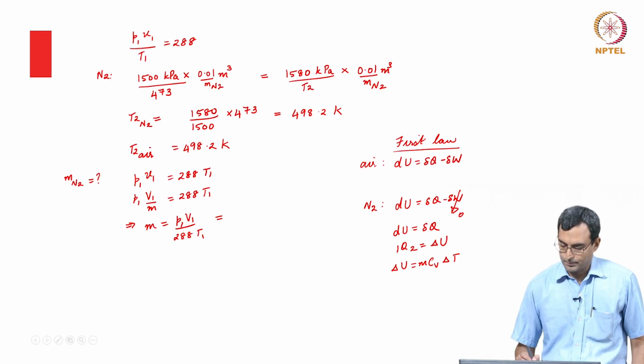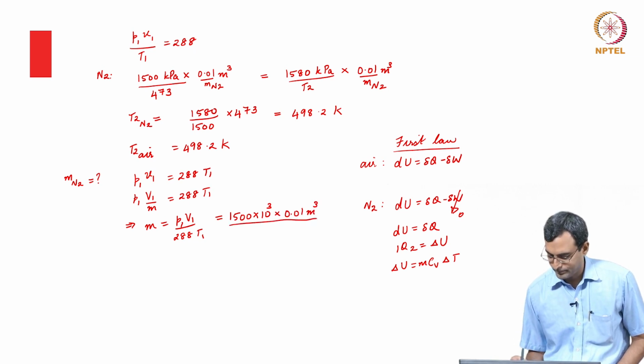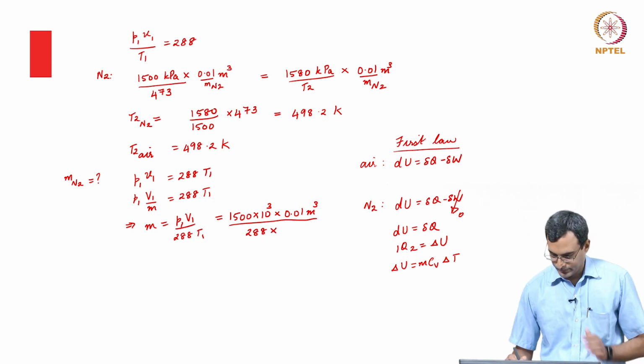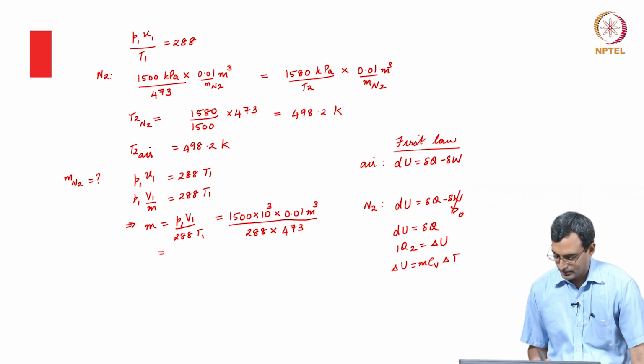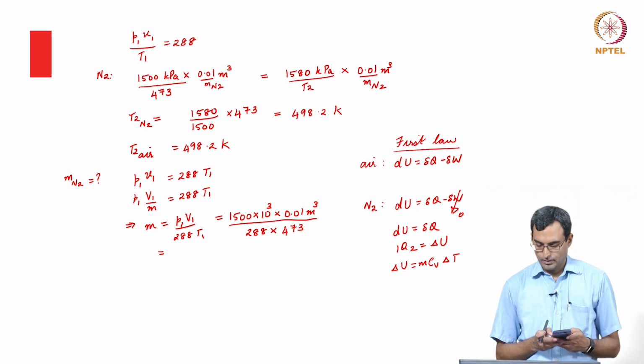So, the initial pressure was 1500 into 10 to the power 3 Pascal. Initial volume is 0.01 meter cube divided by 288, and the initial temperature was 473 Kelvin. I think I have converted everything into correct units.